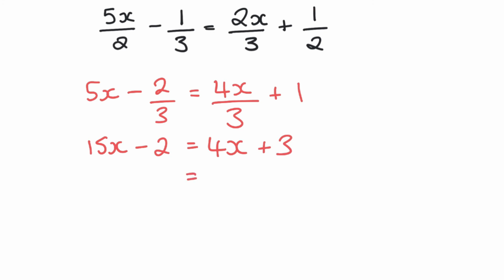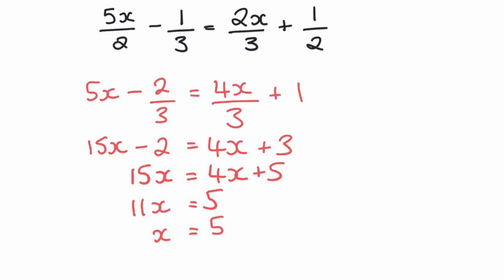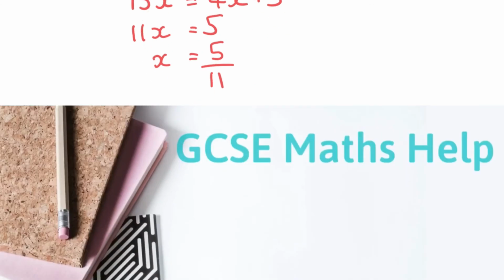So now we can go about putting the x's on one side and the numbers on the other. So I'm going to add 2 to both sides to give us 15x is equal to 4x plus 5, and I'm going to minus 4x from both sides to give us 11x is equal to 5. I'm going to divide both sides by 11 to give us x is equal to 5 over 11.